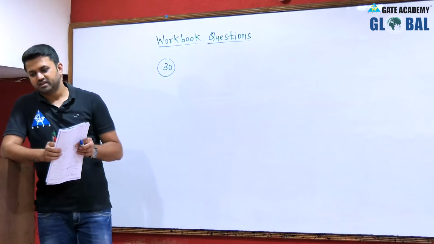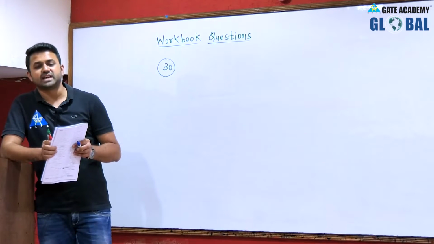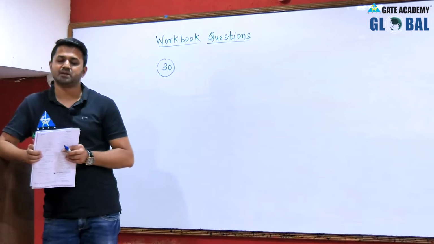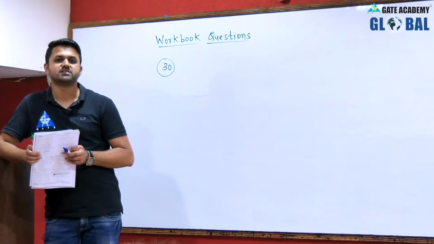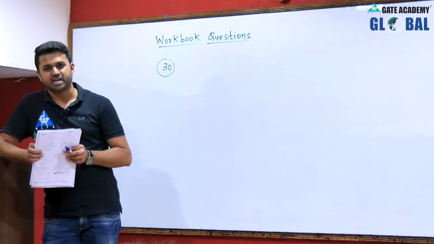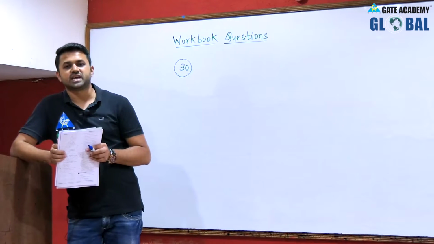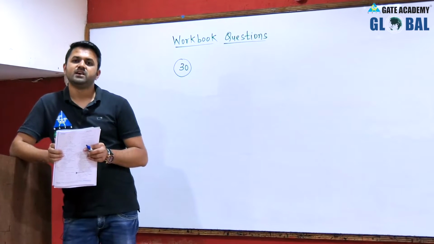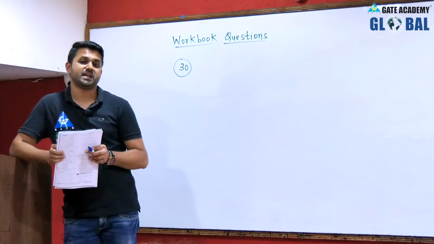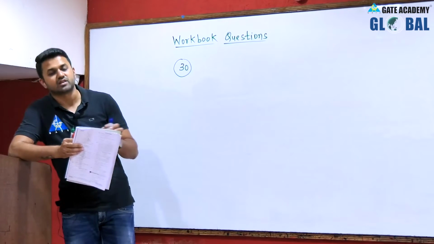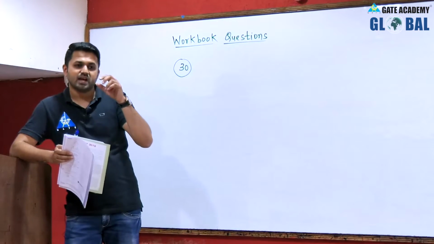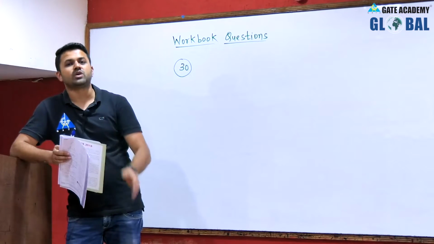Because this is double sideband suppressed carrier, we know that it has only an upper sideband and a lower sideband, and there will be no carrier component. That means at the carrier frequency there will be no component.